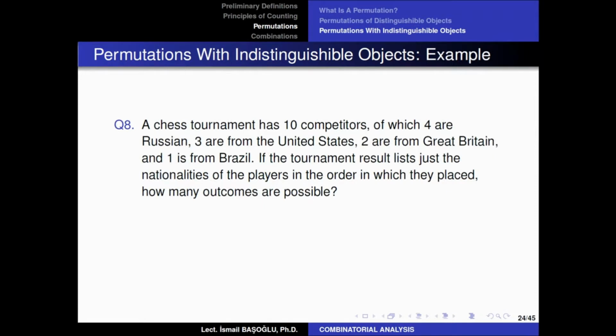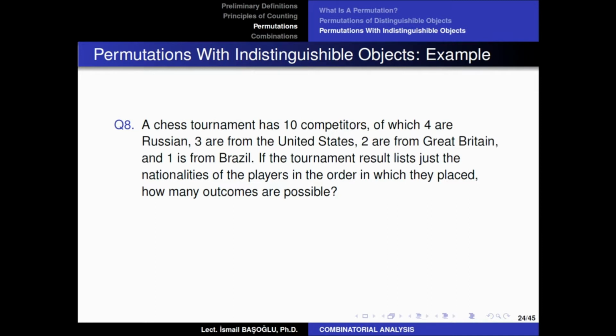We have a chess tournament which has 10 competitors, of which 4 are Russian, 3 are from the United States, 2 are from Great Britain, and 1 is from Brazil. So we have 10 competitors. If the tournament result lists just the nationalities of the players in the order in which they placed, how many outcomes are possible?